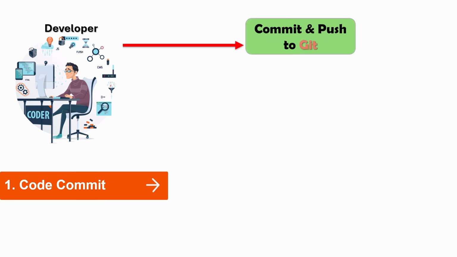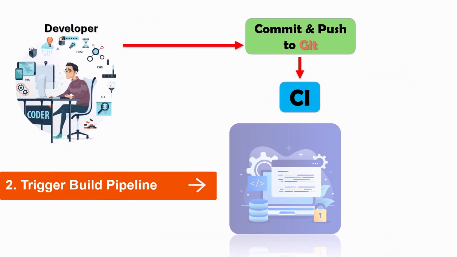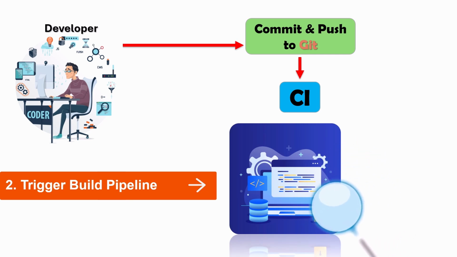At this point, GitHub becomes aware that the repository has changed. However, GitHub itself is not responsible for building or testing the application. Its responsibility is storing source code. Now something else happens. The moment Jenkins detects that new code has been pushed, it automatically starts a predefined pipeline. Notice that no human clicks any build button.